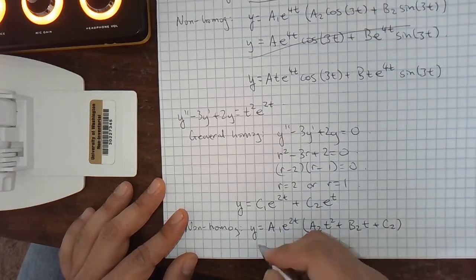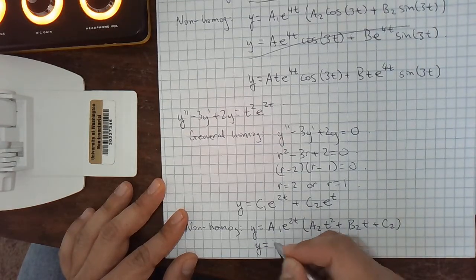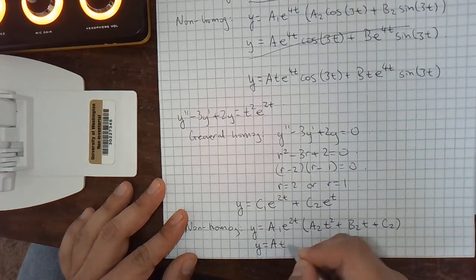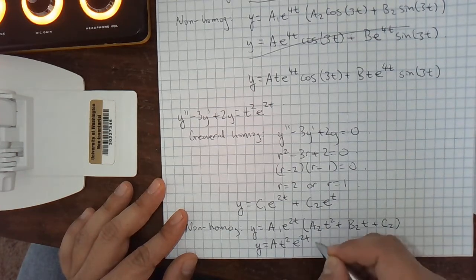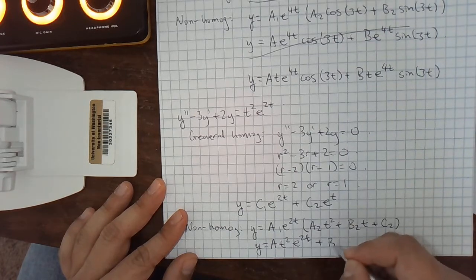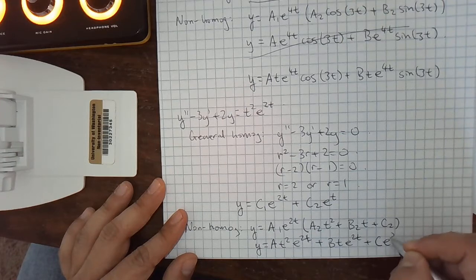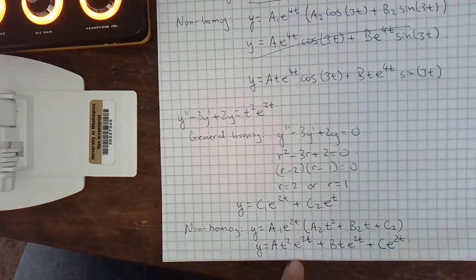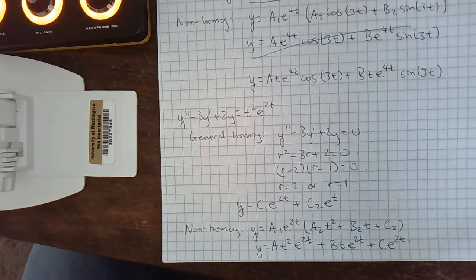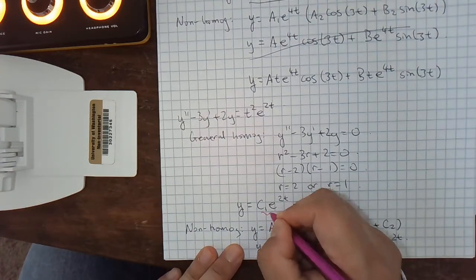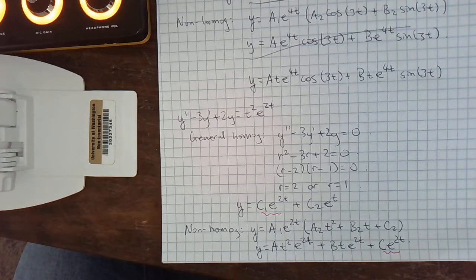And then when you expand it out, you only have three coefficients: a t squared e to the 2t plus b t e to the 2t plus c e to the 2t, right? And this looks like it's going to be fine, except for this one term is going to be a solution to the general homogeneous equation. So you actually do have too much stuff canceling out there as well.